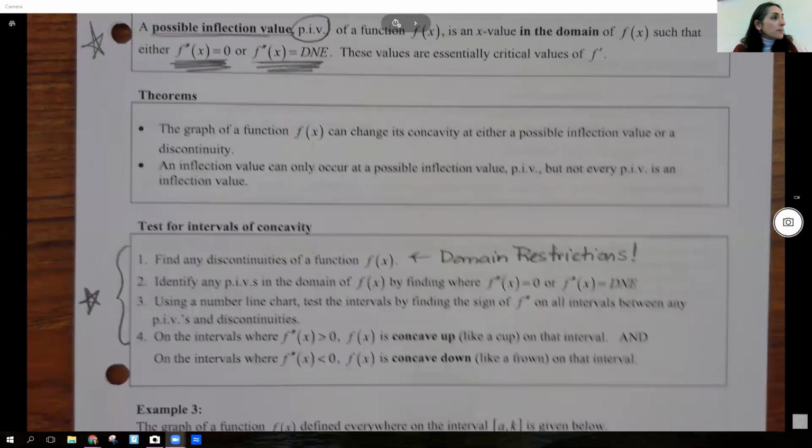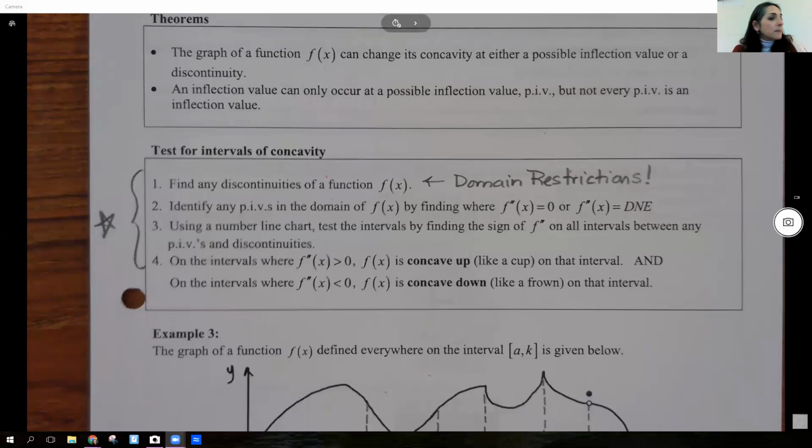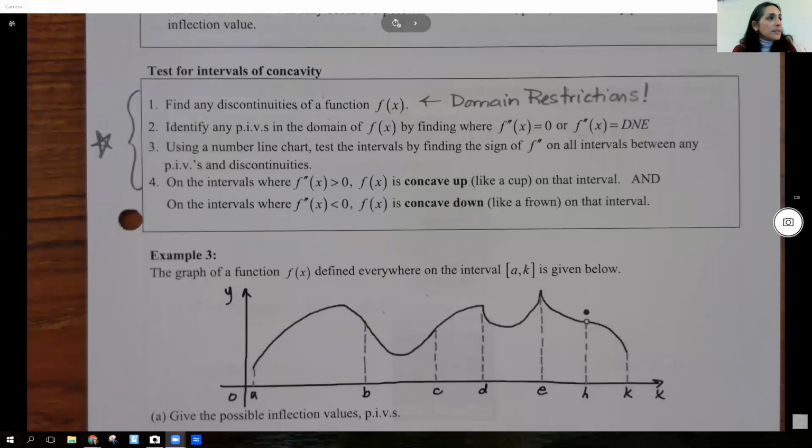I guess I can move this up just a little bit. Maybe up like this so you can take a look at it.